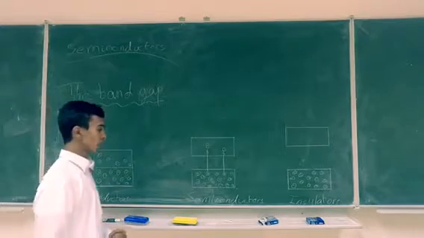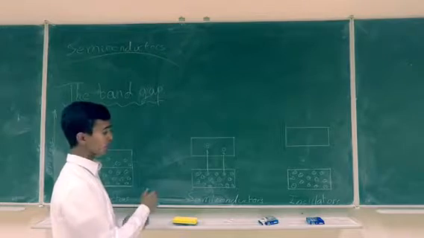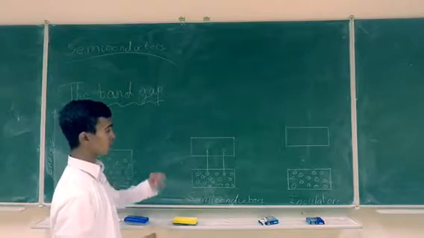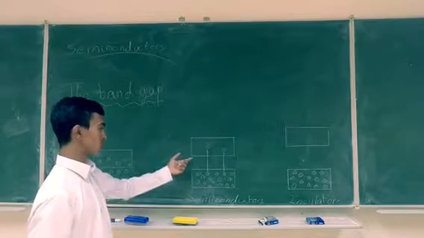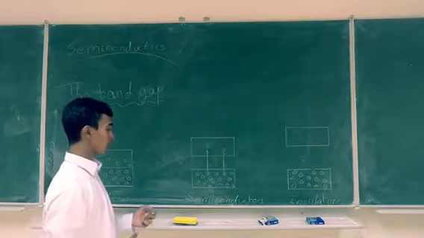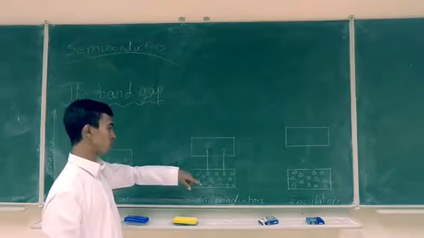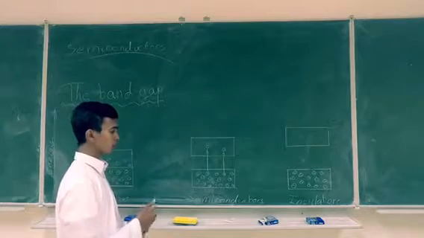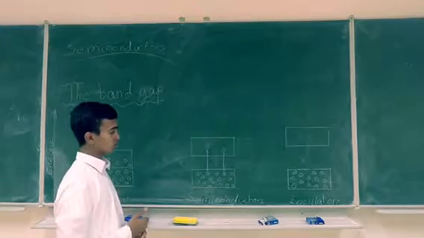Here in the semiconductors, the relatively small band gap prevents the electrons from moving from the valence band to the conduction band. But because of the small amount of the band gap, we can make the electrons move from the valence band to the conduction band by applying some heat, or generally kinetic energy, and mostly heat.